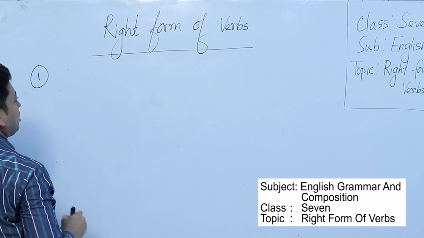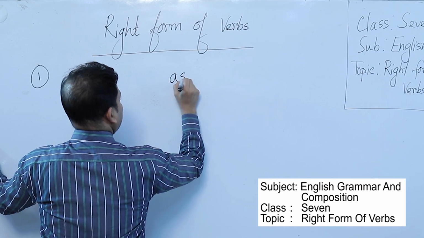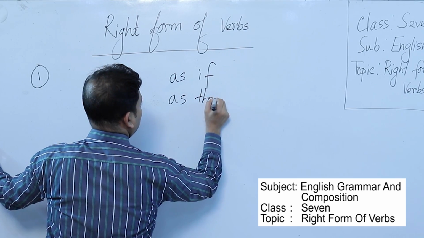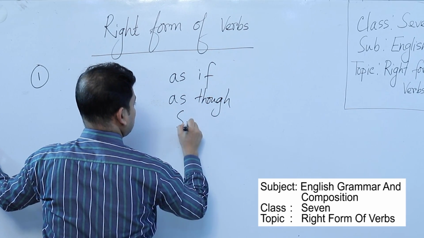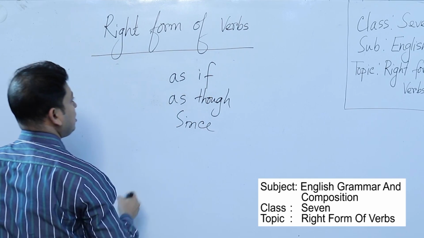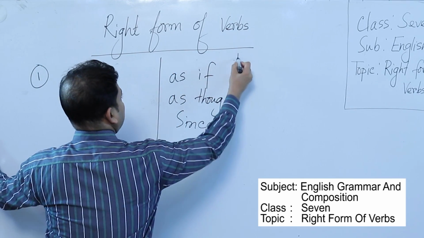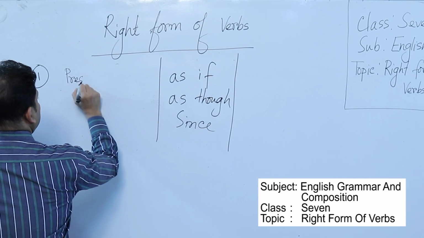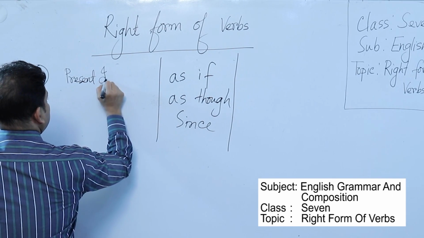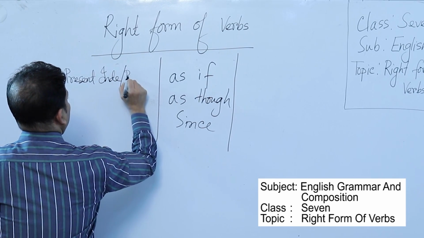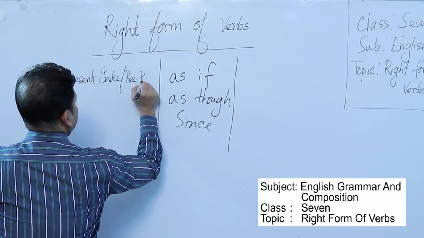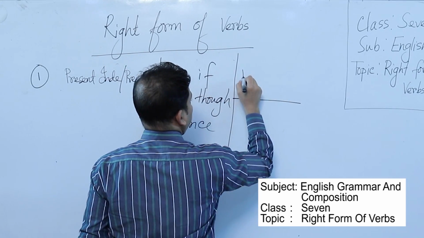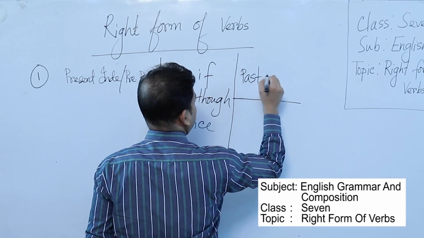Let us see rule number 1. If there is as if or as though or since in the middle, what kind of grammatical changes would happen? If there is simple present tense or present indefinite tense or present perfect tense, there will be past indefinite tense or simple past tense.